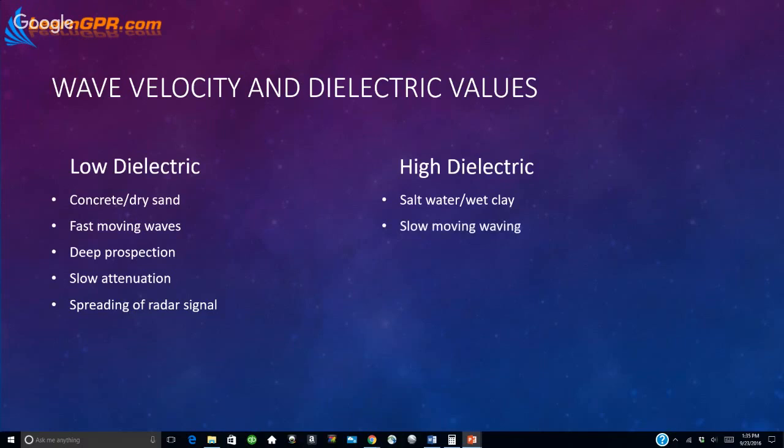The waves prospect shallow, right? You can only see pretty shallow. And you get rapid attenuation rate, so the signal strength is going to dissipate quickly. Okay, so that's kind of the overview.